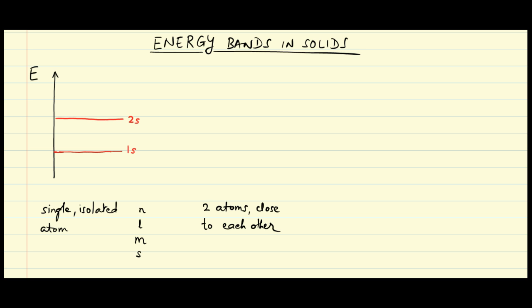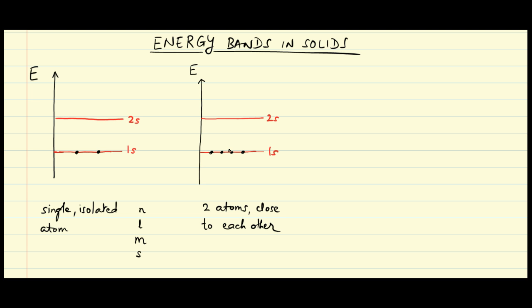The next thing now to consider is what happens to these individual energy levels when 2 of such atoms happen to be very close to each other. Let us imagine, for the sake of argument, that in each of these single atoms, when they were isolated from each other, there were present 2 electrons in the 1s orbital, which means that now there are totally 4 electrons in the 2 atoms in the 1s orbitals.